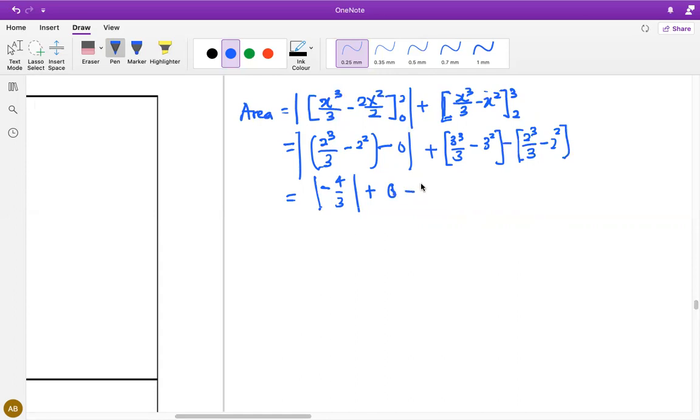And then you minus this one, as this is the same, right? So this is negative 4 over 3. Therefore you get 8 over 3, right? Because this is 4 over 3 plus 4 over 3. So you get 8 over 3.